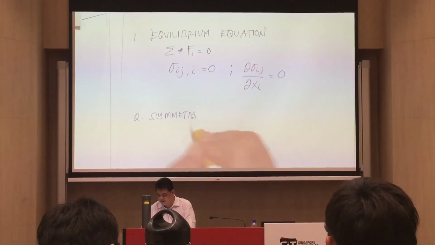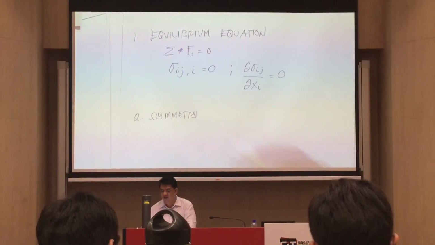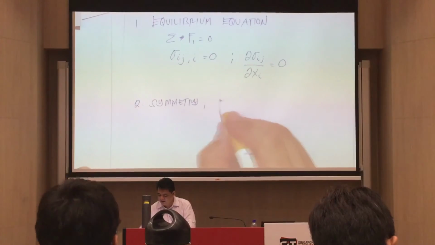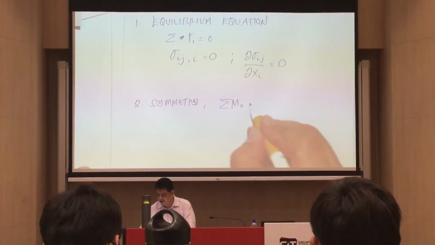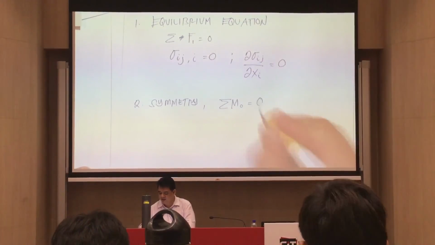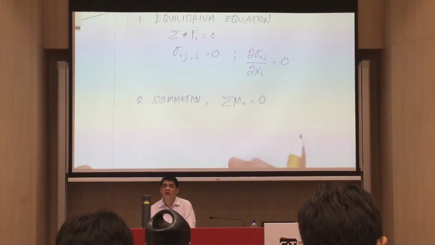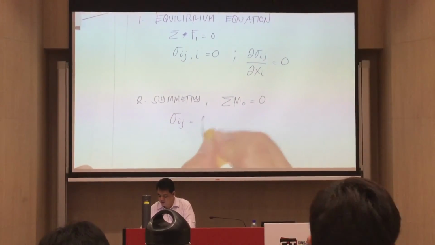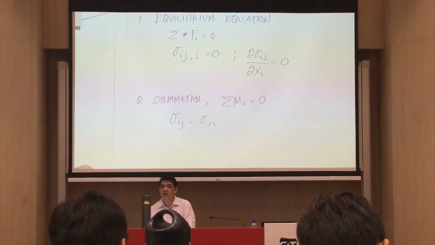So the next thing we did was to derive that symmetric relationship of your state of stress, wherein we had summation of moment about a certain point O within your element equal to 0, and we came up with sigma ij equal to sigma ji.